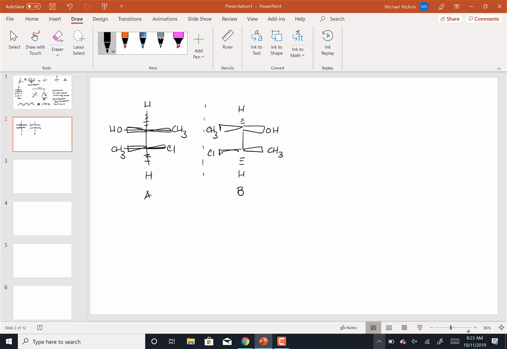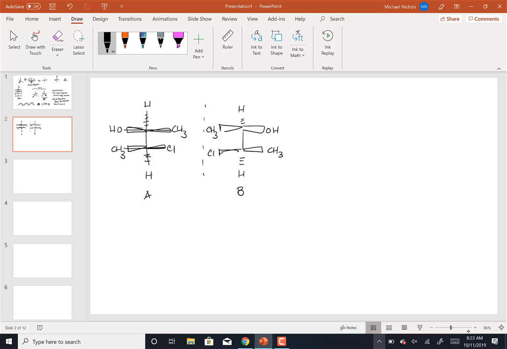What's the relationship between these two? Since they're mirror image isomers and they are non-superimposable, I can't just move B and overlay it with A. You could say, well, what if I take B and rotate it and slide it over?